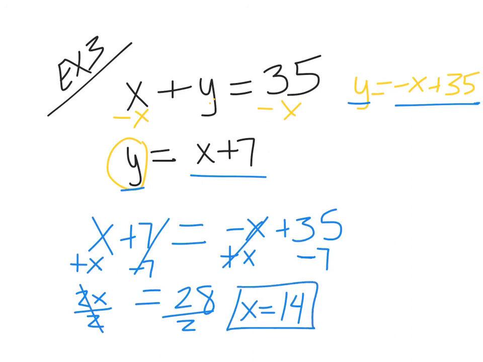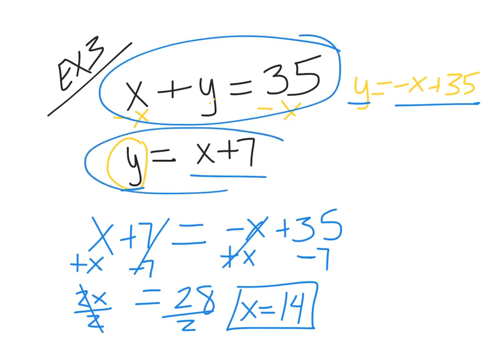So how do I find my y? I take that and I plug it in one of the original equations. Well, you have this ugly equation or you have a very simple equation. If I plug in 14 here, can I find my y really quickly? Yeah. So I have y equals 14 plus 7. What's 14 plus 7?